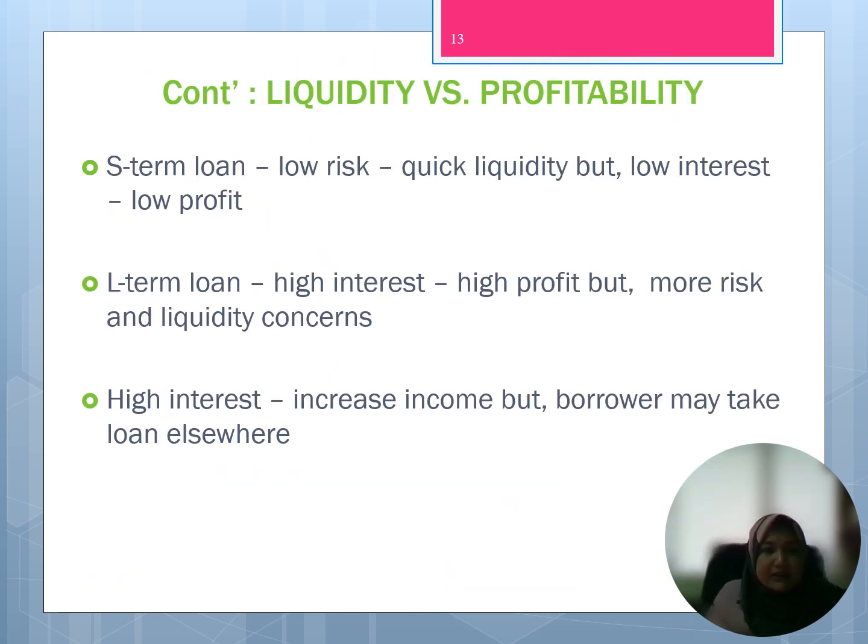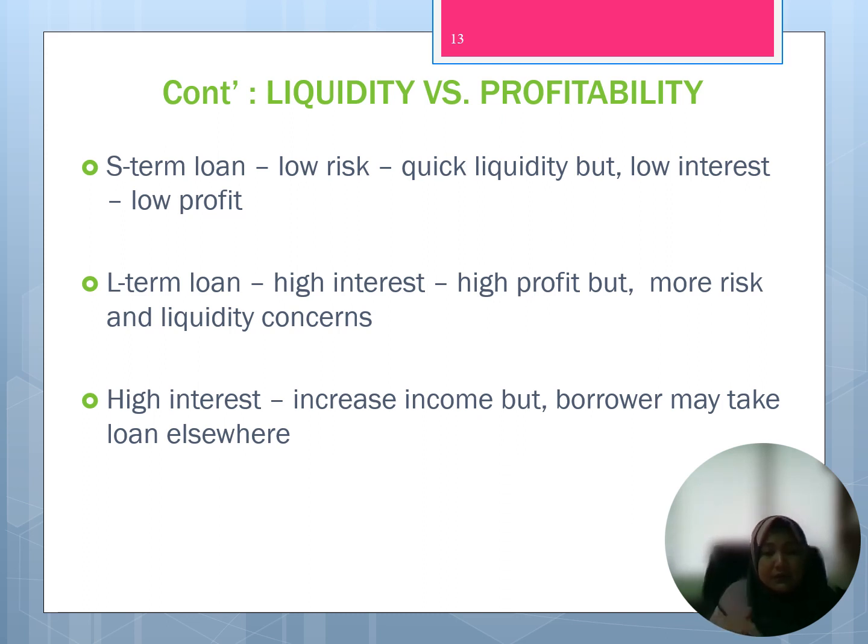In the balance sheet, on liquidity and profitability, in conclusion, you can see here: short-term loans are low risk. Why low risk? Because the bank can get its money back in a short period, less than one year. So they get quick liquidity.